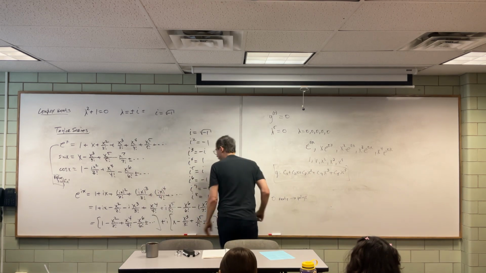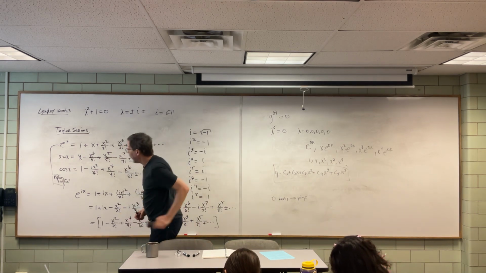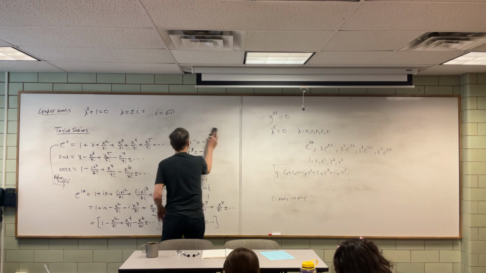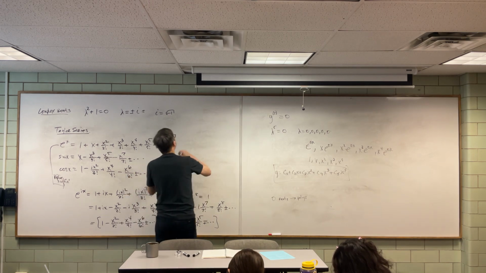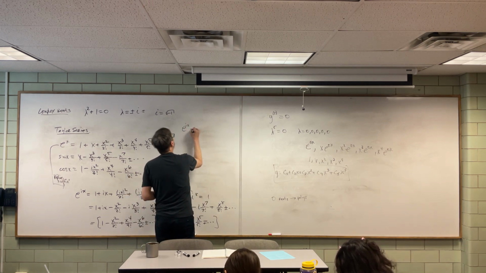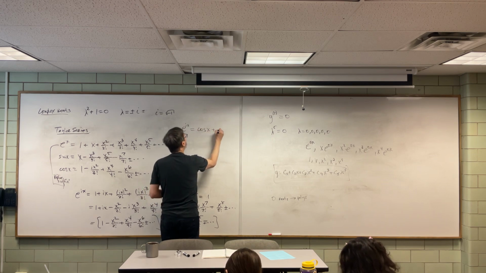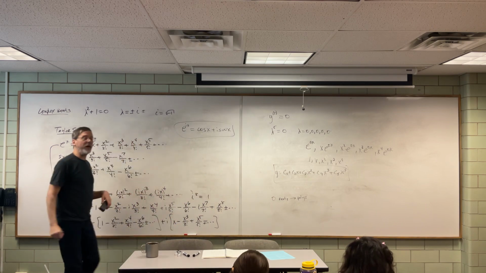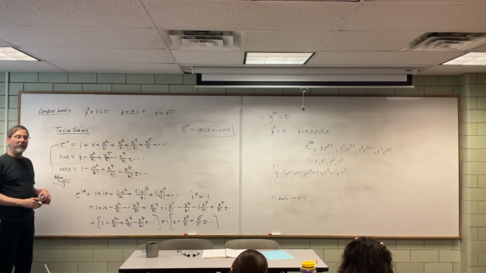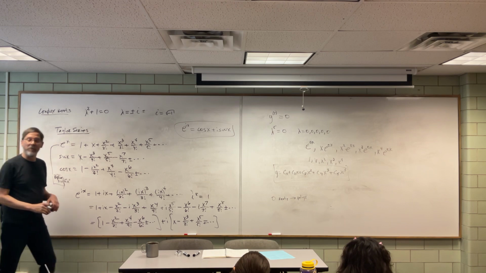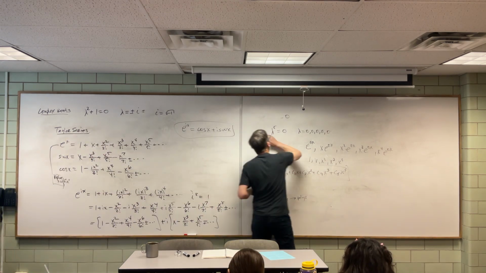So in other words, what we know, and you've probably seen this before, but it really never fails to amaze me, is that e to the ix is actually the same thing as cosine x plus i sine x. Yes indeed.